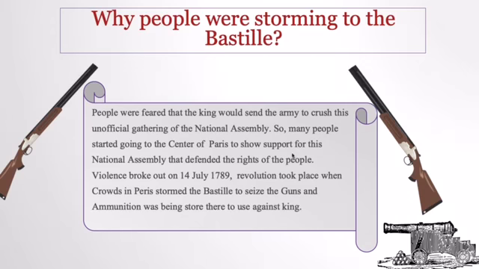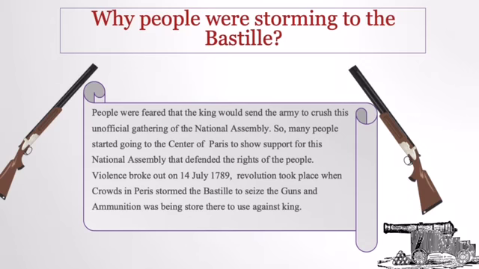So many people started going to the center of Paris to show support for this National Assembly that defended the rights of the people. People from all over Paris gathered in the center to show that they supported this newly established National Assembly, which was in favor of the people's rights.